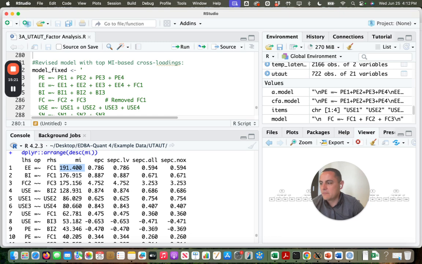One of the most practical things in looking at these modification indices is just looking at items that maybe should be somewhere else. And that's what it's suggesting to us, that FC1 might actually be better off with EE, right?